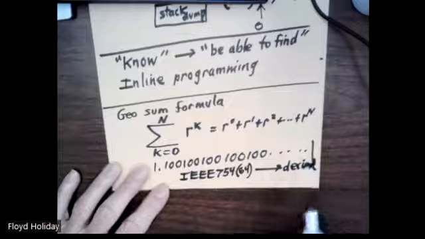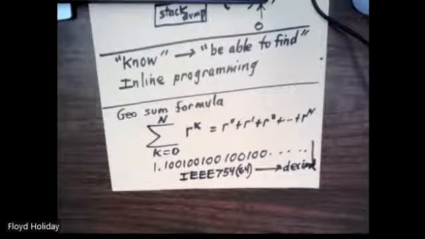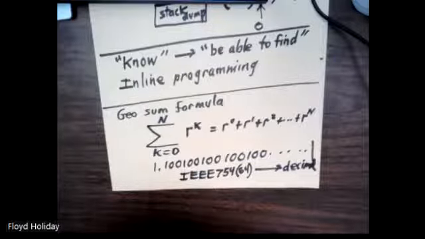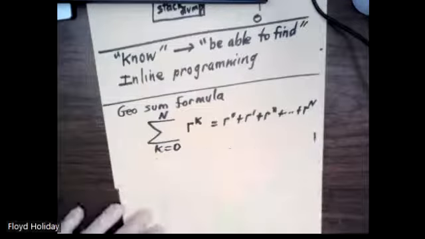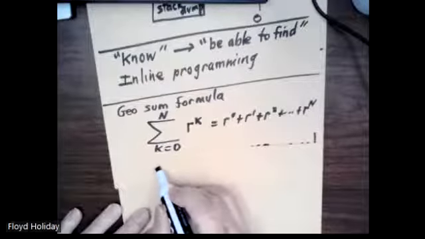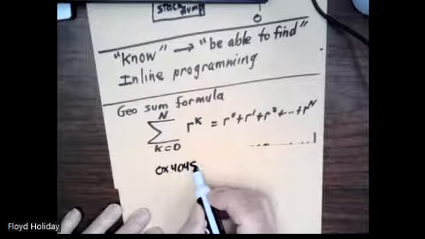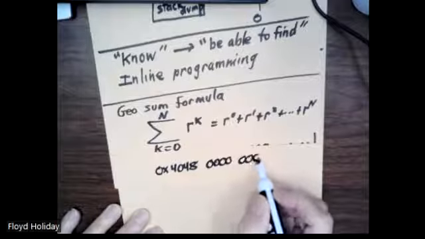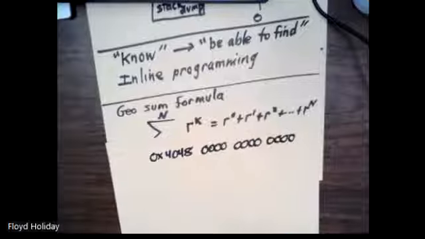Okay, so some of these numbers, IEEE 754s, are nice expressions, but some of them are not so nice. So, for instance, 0x4048, and everything else is 0. You don't need a hand calculator for this. Okay, but some are not so nice.